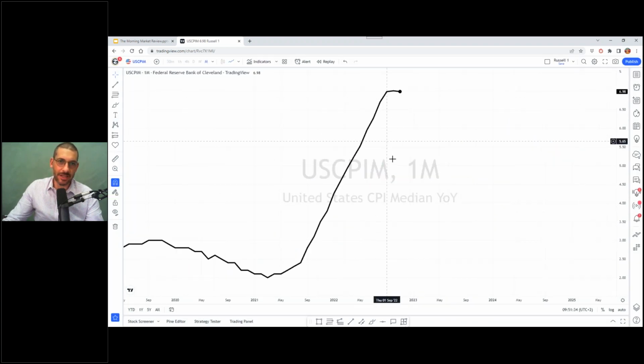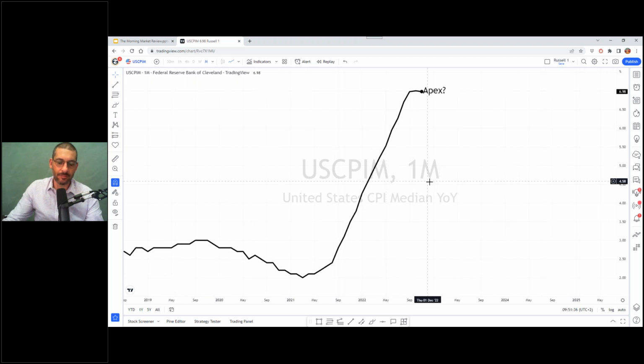Now this is an element of the sticky stuff. So what happens is you've obviously got a basket in the CPR. The basket, some of the elements would react to the interest rate increases. Some of them don't. This is a measure of that sticky stuff, that stuff right in the middle.